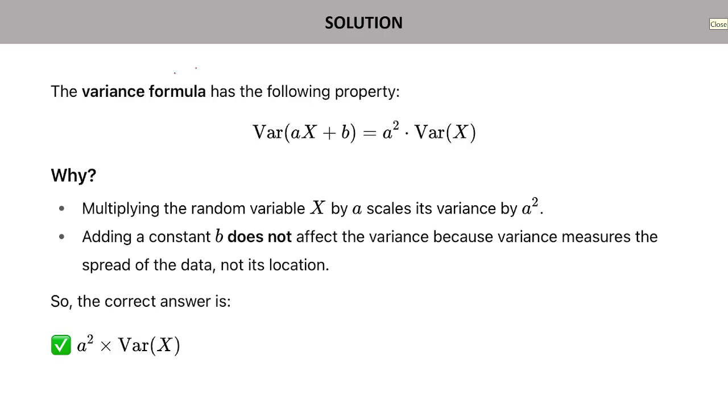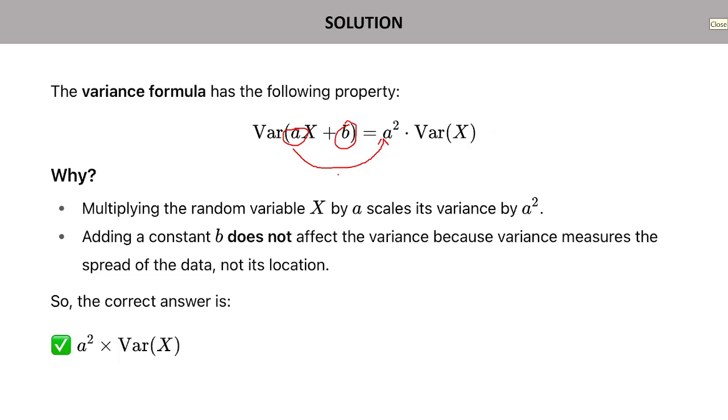So in this case, a is multiplied by the x variable and b is added. According to this definition, when something is multiplied, the change will be square times of that, so it will be a squared times the variance, but adding b will not make any changes.